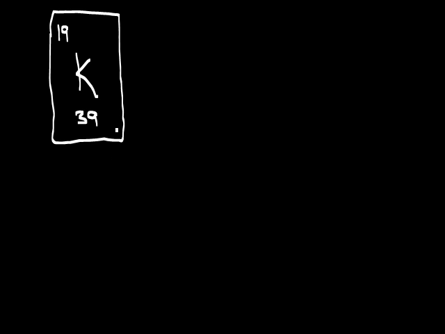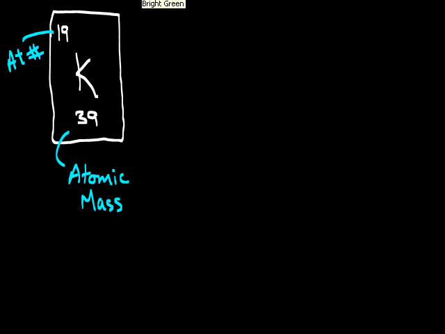We won't get into why you see decimal numbers and isotopes in this video. That'll be for later on. So this is the atomic number, and this is the atomic mass. Along with another few little bits, you actually know quite a bit about that particular element and atom.